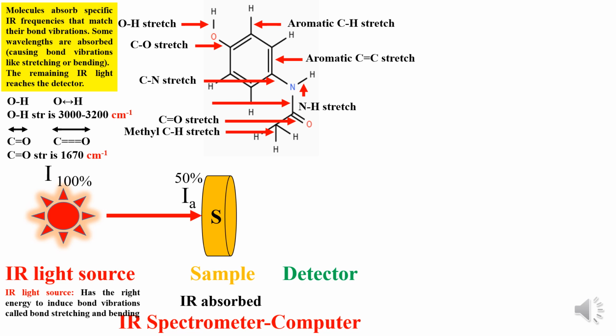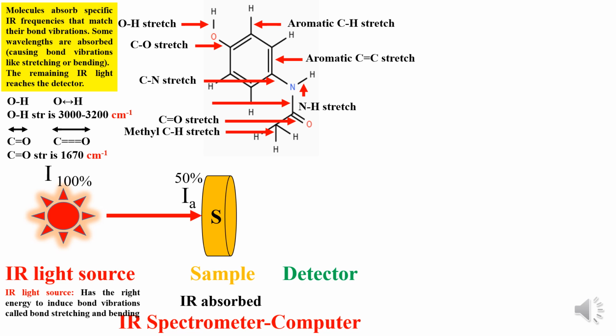Now, for example, IR frequencies of around 3000 to 3200 centimeter inverse bring about stretching of the bond interconnecting the oxygen atom and the hydrogen atom. While an IR frequency of about 1670 centimeter inverse brings about stretching of the double bond interconnecting the carbon atom and the oxygen atom of the carbonyl group.